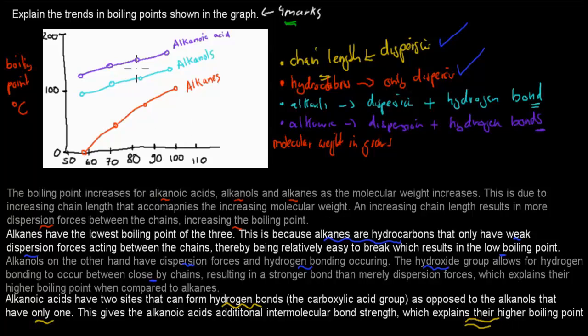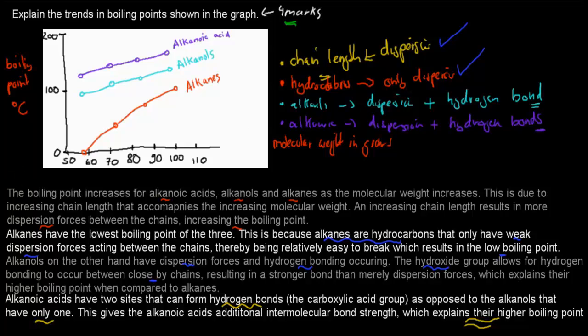So the alkanoic acids have the highest boiling point because they can do two hydrogen bonds plus dispersion forces. The alkanols are next because they can do only one hydrogen bond, but they also have dispersion forces. The alkanes are last because they can only do dispersion forces because they only have hydrocarbons in their chain.